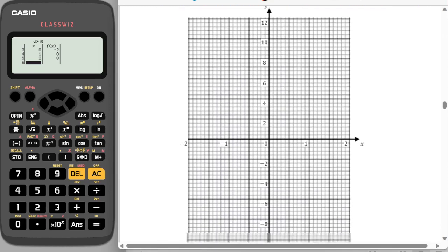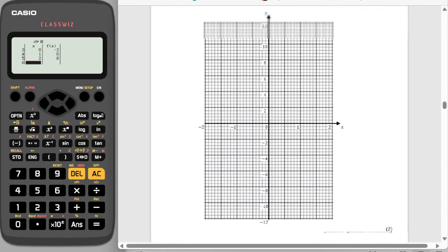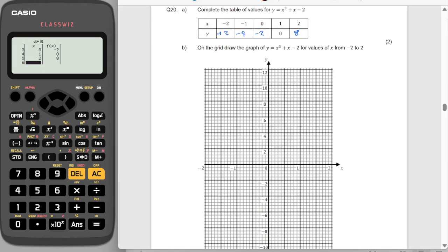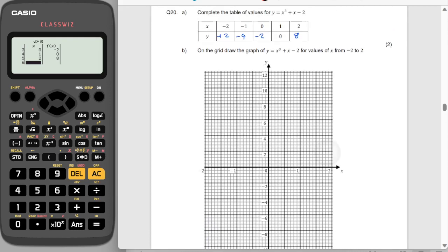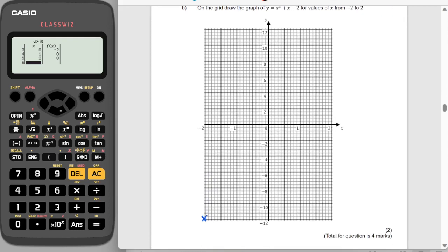And we'll plot that. So I'm looking at minus 2, minus 12, right at the bottom. I've then got minus 1, minus 4. I've then got 0, minus 2. I've then got 1, 0. And then finally 2, 8.